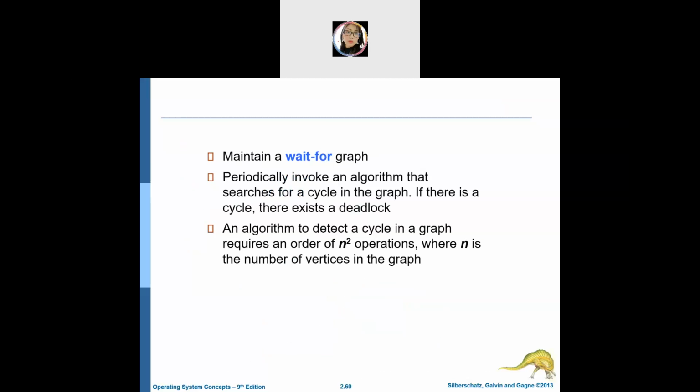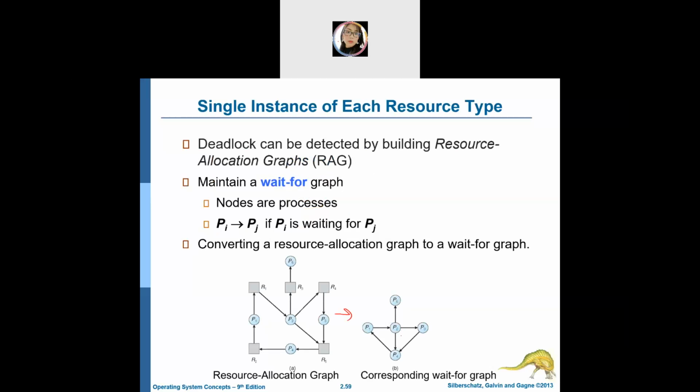Next, maintain a wait-for graph and periodically invoke an algorithm that searches for cycles in the graph. If there is a cycle, a deadlock exists. I think there is a cycle here, and this part also has a cycle.